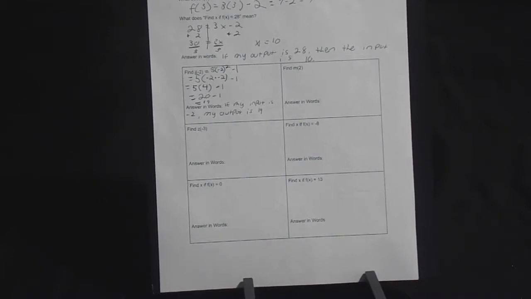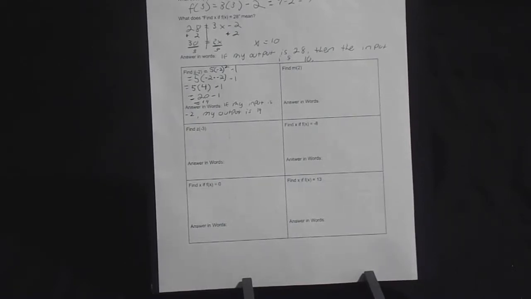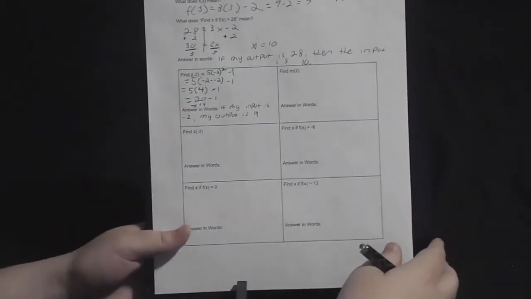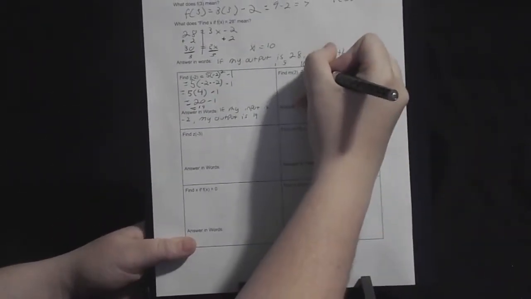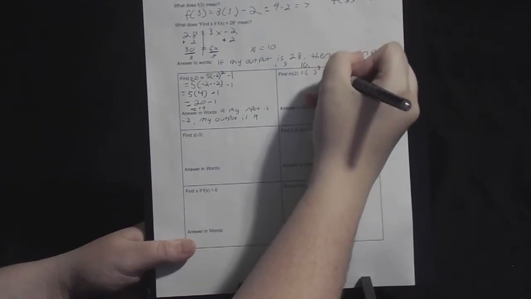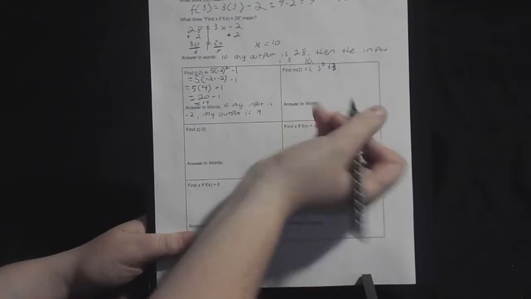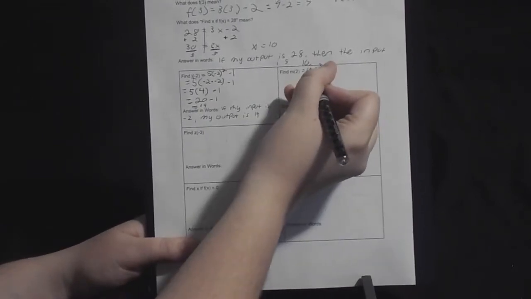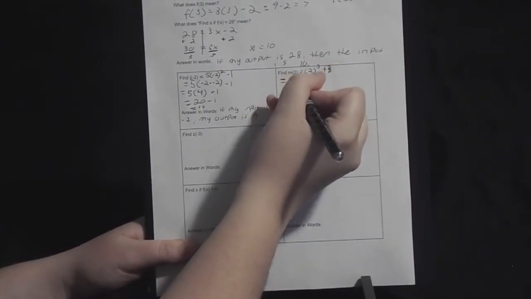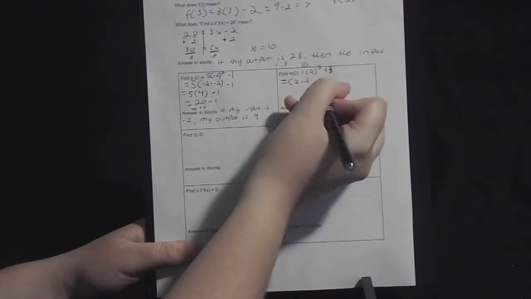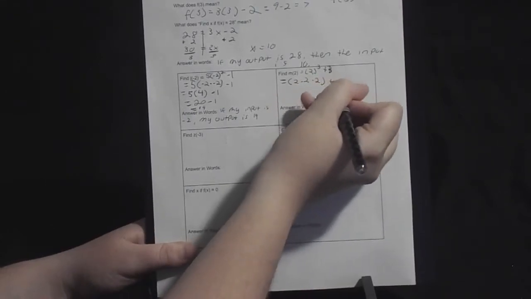Okay. The next one says find m of 2. So I take m, which is this guy here, x cubed plus 3. And instead of x, I put a parentheses and I cube it, plus 3. And in my parentheses, I'm going to put the 2 that it's telling me to put there instead of x. So now 2 cubed means 2 times 2 times 2, and then I'm going to add 3.